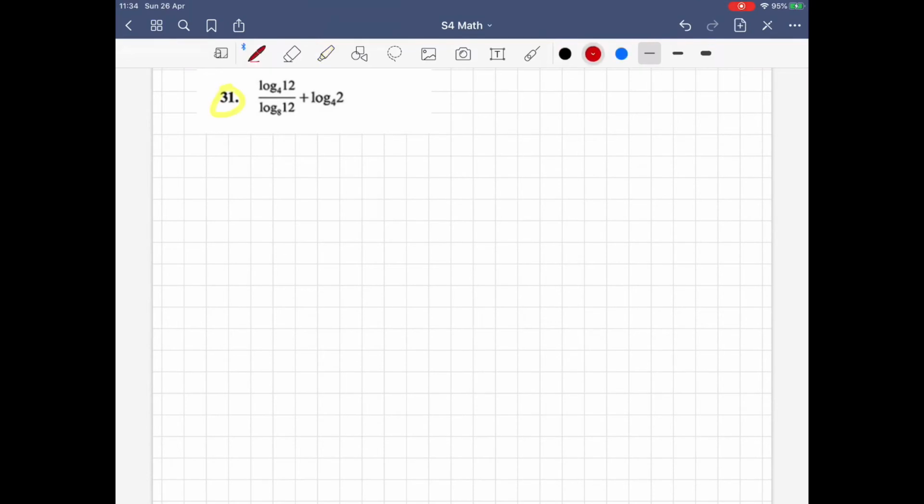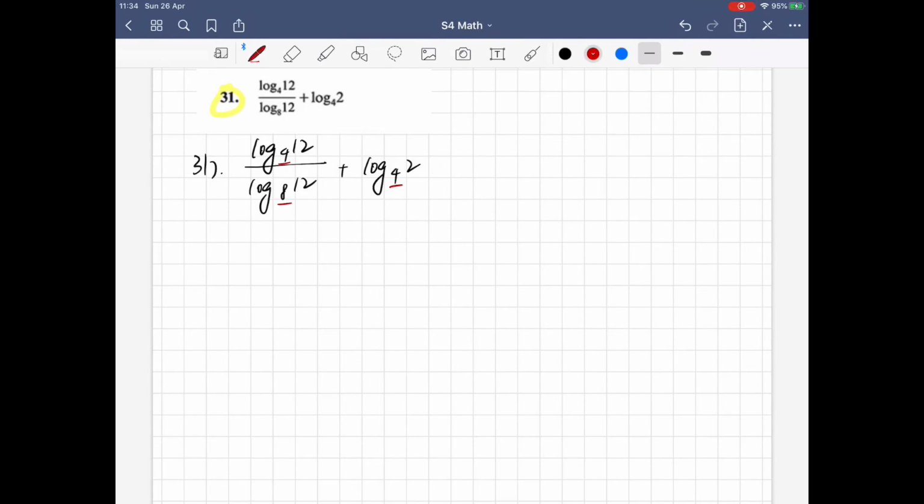So finally, let's take a look of question 31. So in this question, we have log 12 with base 4 over log 12 with base 8 plus log 2 with base 4. So as you can see, there are two bases, 4 and 8.